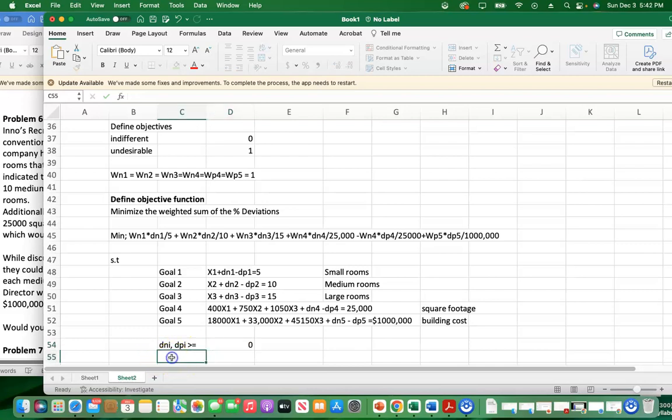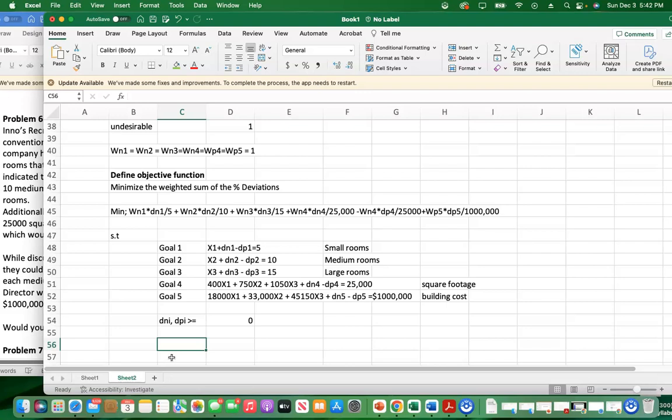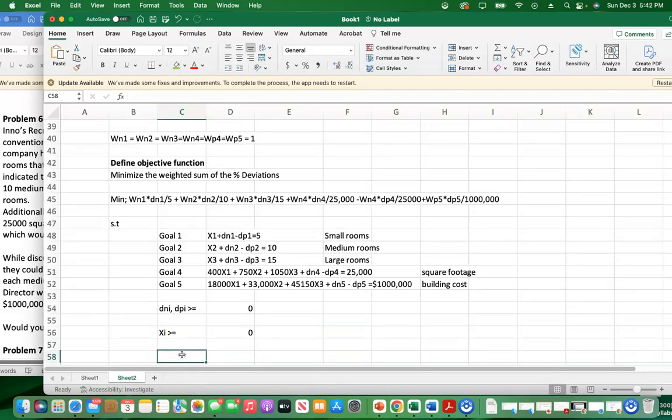But we'll also consider another non-negativity condition, which is all the x's, so I say xi, should be greater or equal to 0. That's the condition which we can consider. But now we have one more condition, which is xi's must be integers.